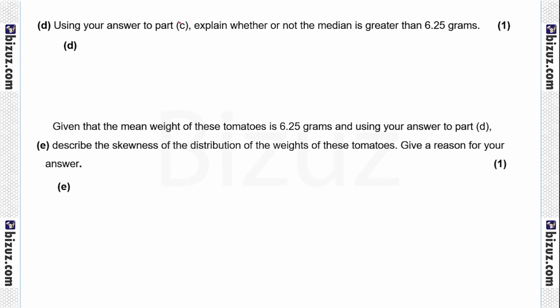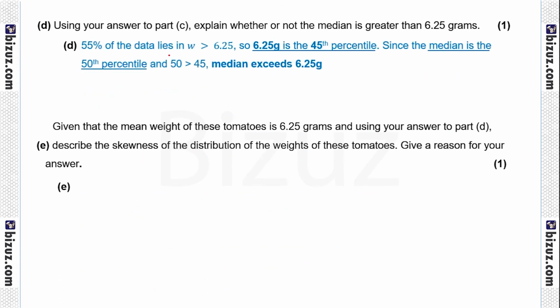Using your answer to part C, explain whether or not the median is greater than 6.25 grams. Now, 55% of the data lies in W greater than 6.25. Why? Because we just found that the proportion of tomatoes with a weight greater than 6.25 is 0.55 or 55%. All right.